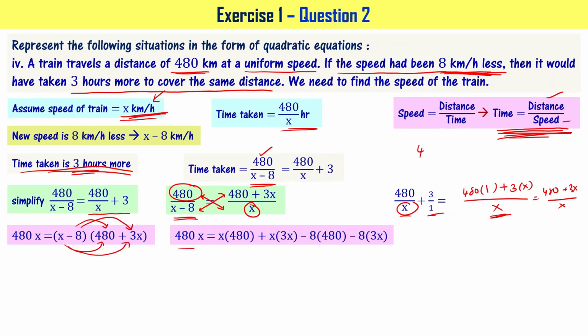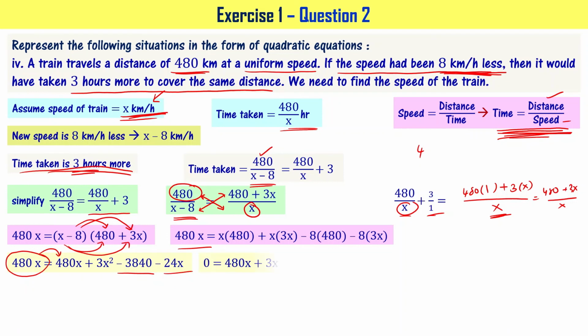That is equal to 480 times x. Now let me further simplify this and write it as 480x equal to 480x plus 3x square minus 3840 minus 24x.